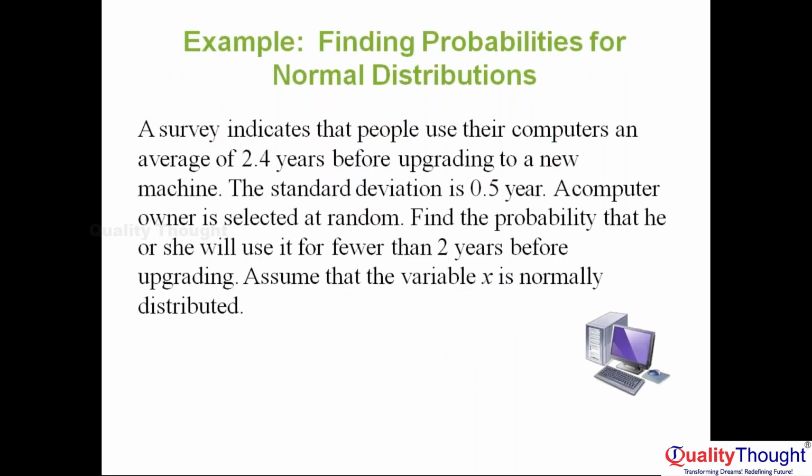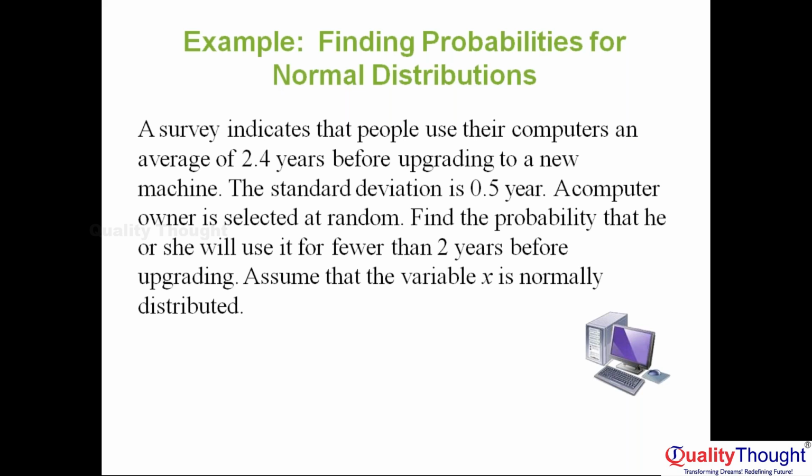So now let us see one example. A survey indicates that people use their computers an average of 2.4 years before upgrading to a new machine. The standard deviation is 0.5 year. A computer owner is selected at random. Find the probability that he or she will use it for fewer than 2 years before upgrading, assuming that variable x is normally distributed.